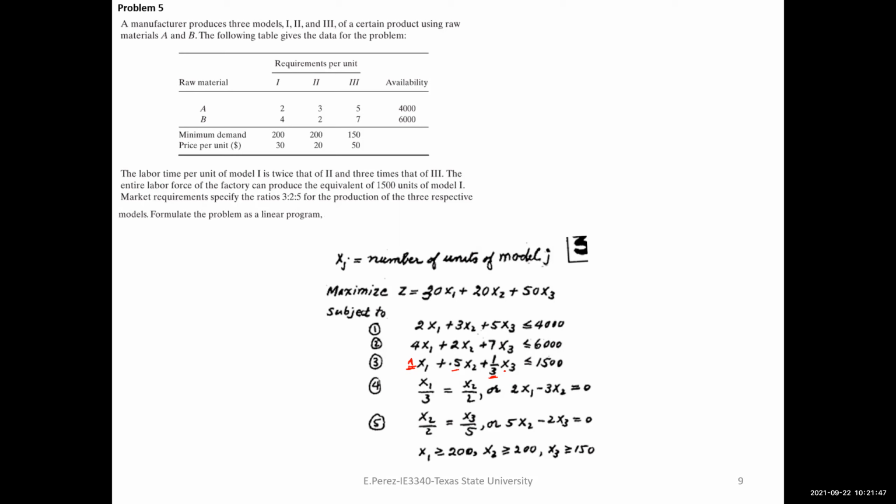So yeah, we have that piece here that is associated with the number of units of Model 1. So the left side of this constraint will be 10, and then the right side, which is 1,500, will be the number of units.